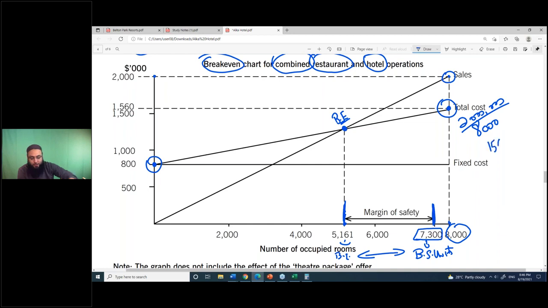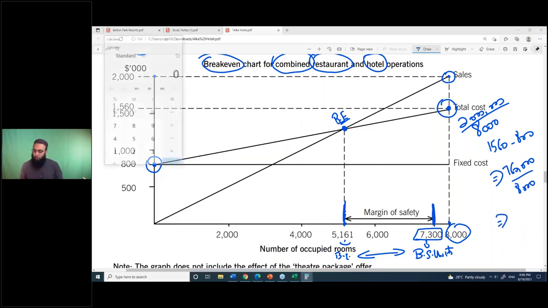If I do 1560 minus 800, I get the answer of variable, which is 760,000, and this variable is based on 8,000 rooms. Variable cost per unit remains constant if nothing is mentioned, so we assume that. If I divide this by 8,000, I will get the variable cost per unit as well.